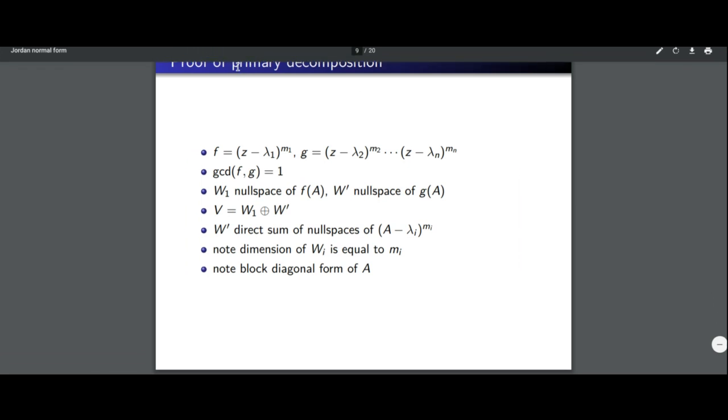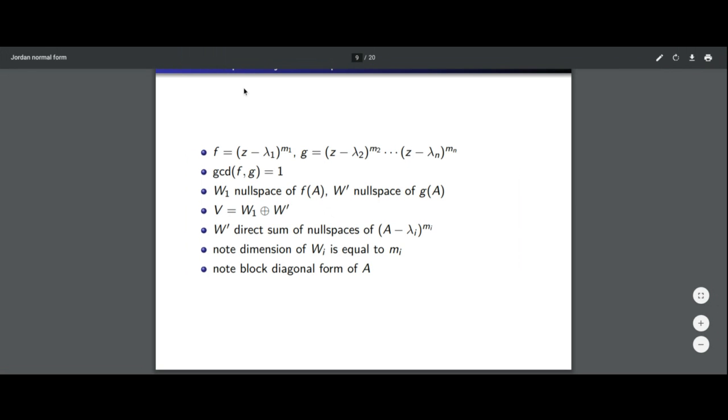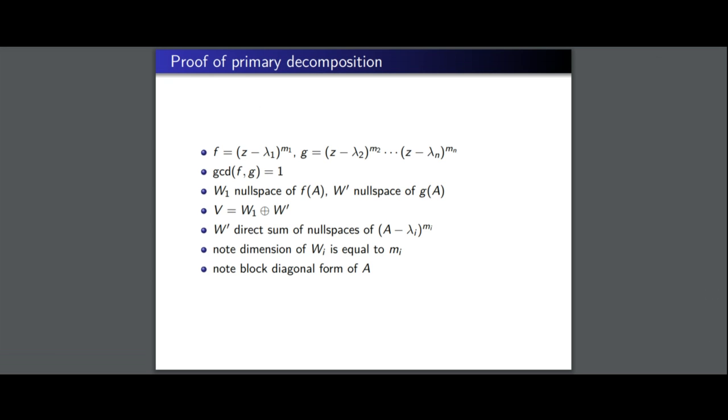Okay, so we know from the Cayley-Hamilton theorem that if you factorize a characteristic polynomial, you have all the different eigenvalues and they occur in different powers in the characteristic polynomial.